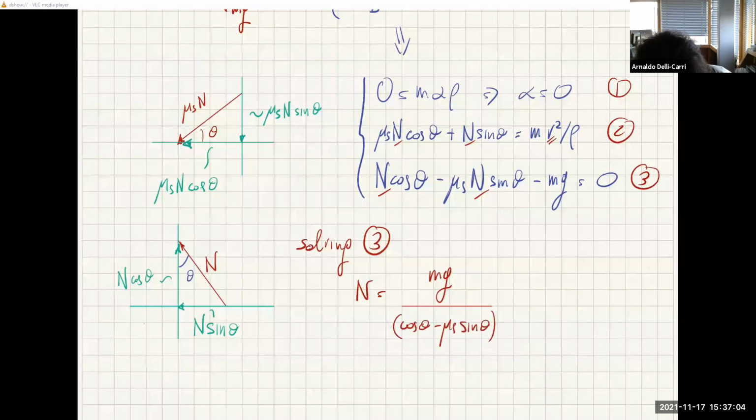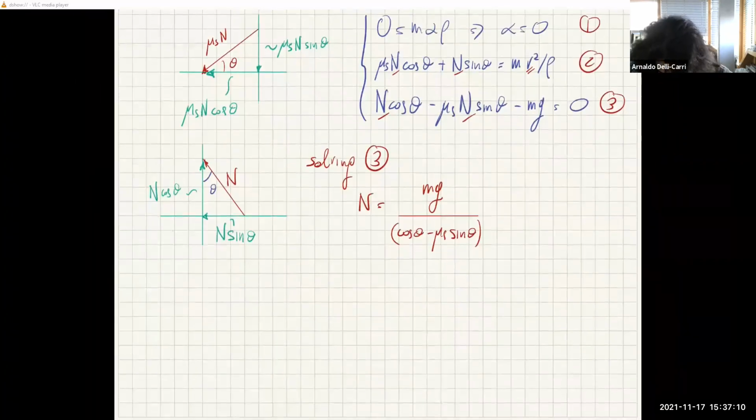You should agree with me, this is n. Yes. And finally solving 2. Now this is a number in newtons that we can find out later. And finally solving 2.